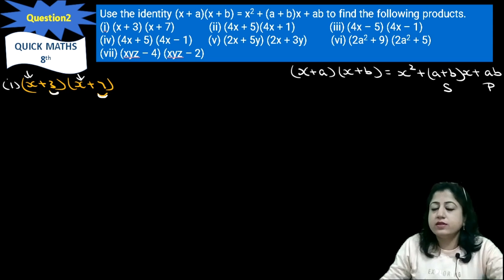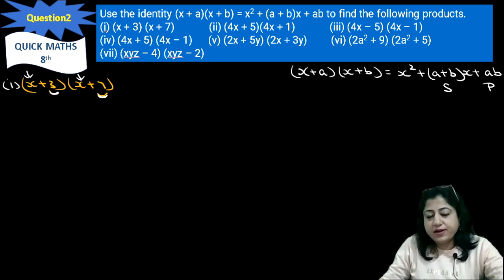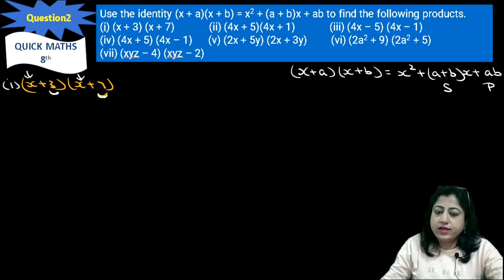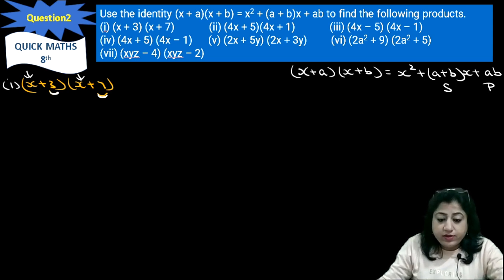The only difference between the first identity and this fourth identity is that the first term is the same in both brackets, but the second terms must be different. In the first bracket the second term is 3, in the second bracket it is 7. So it is a and it is b. First of all we have to identify a and b.